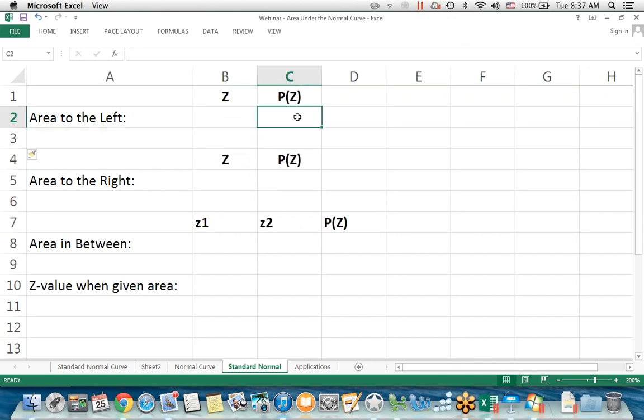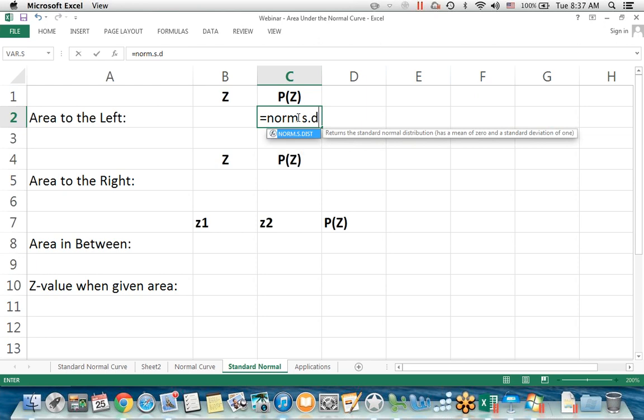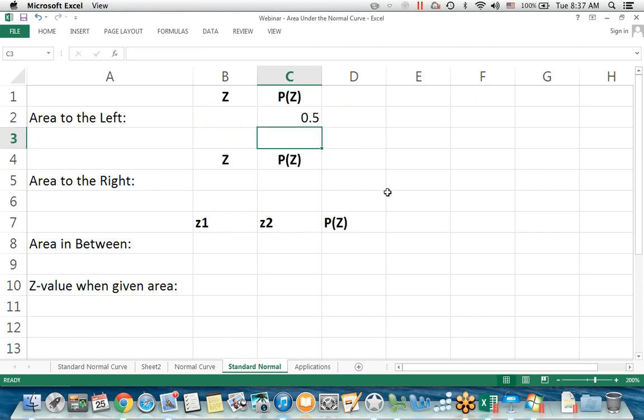So the probability formula says, first, if I'm finding the area to the left, I type in the equal sign after clicking on an empty cell. Then I have norm.s.dist, open parentheses, this value z, and then true. Now, don't pay any attention to this 0.5 at this moment. This formula says whatever value I plug in for z, it's going to give me here the area to the left.